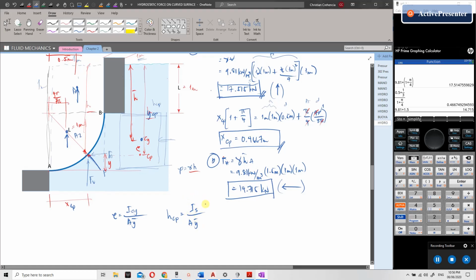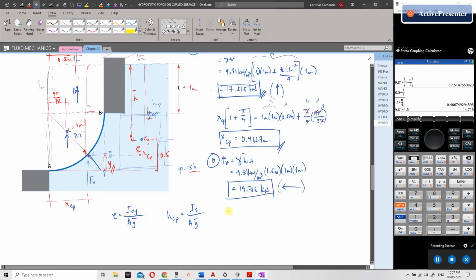The moment of inertia from the liquid surface is just a transfer of moment of area about this axis: area 1 by 1, then 1.5 squared. The total height is 1 meter, and this distance is 0.5. So if we subtract the distance E from 0.5, we get this distance Y. So let's use this.